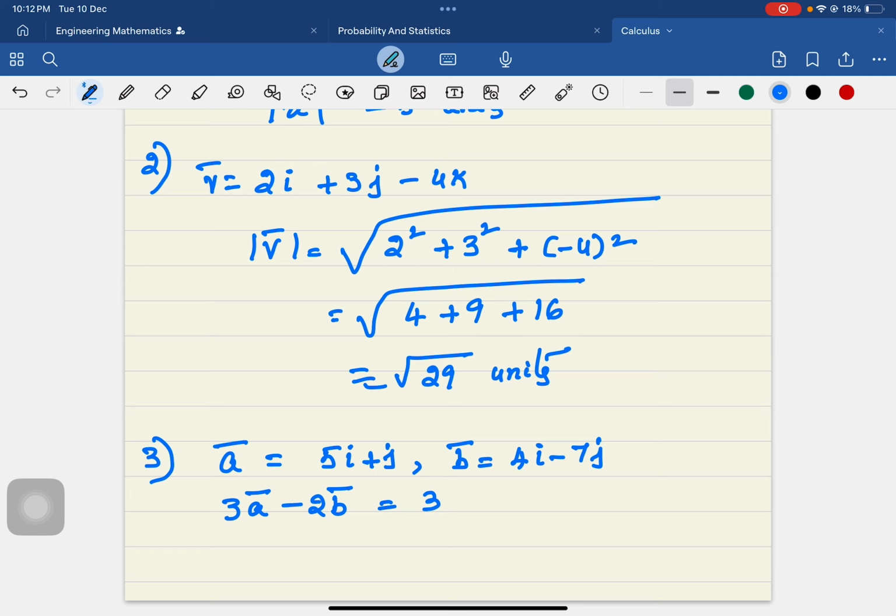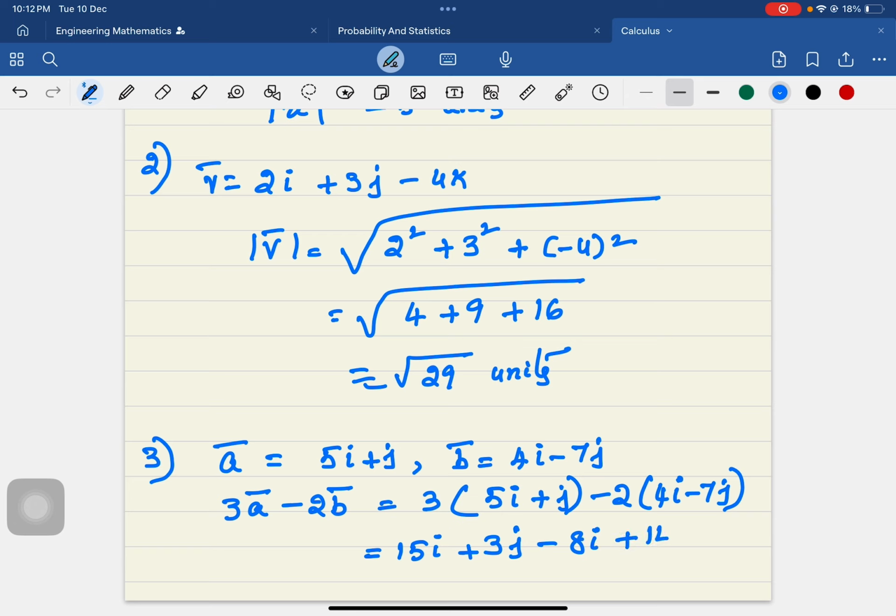So it is 3 times of 5i plus j minus 2 times of 4i minus 7j. So that is 15i plus 3j minus 8i plus 14j. So what is this? 15 minus 8 is 7, so 7i plus 14 plus 3, so plus 17j. That's it.